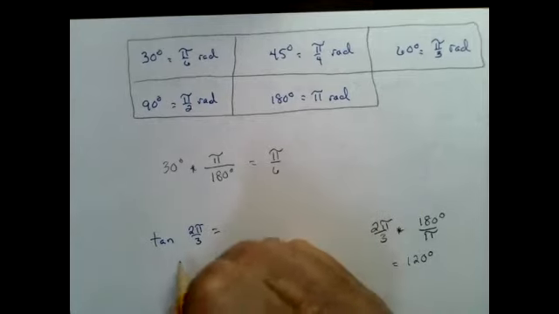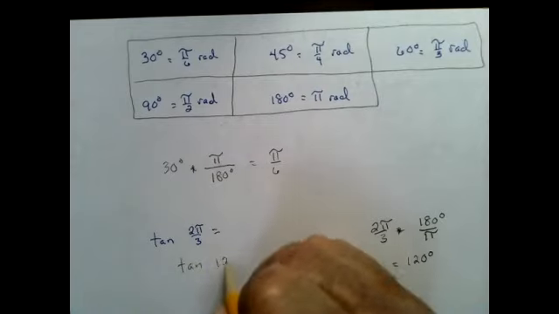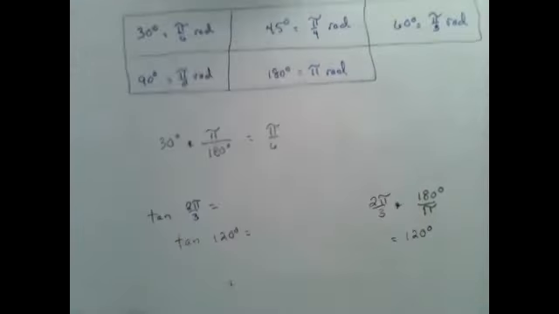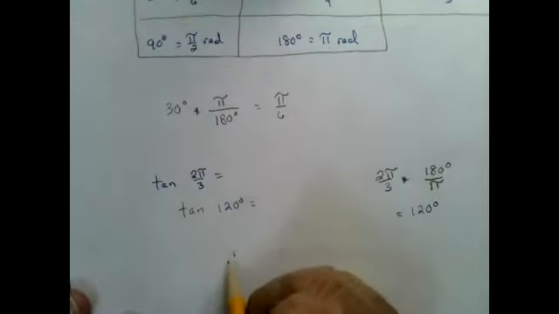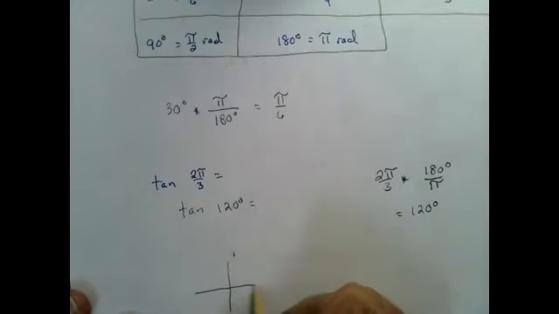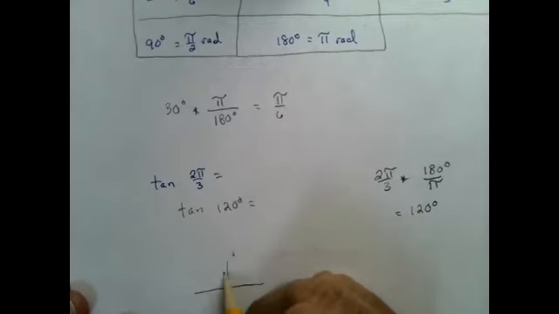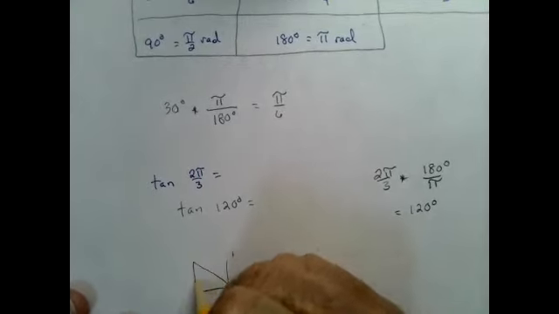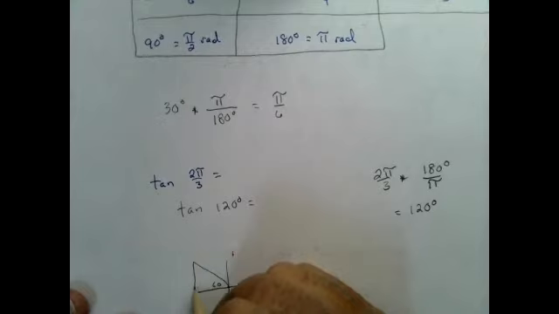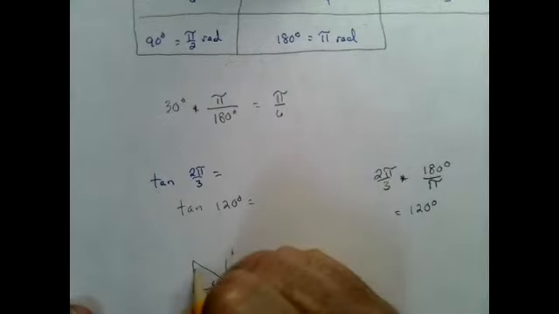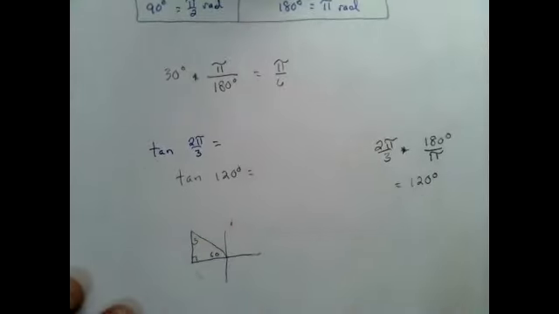So now my problem looks a little more familiar. The tangent of 120 degrees. And right away, I go back to my circle and I'm going to go 120 degrees, which is going to be 60 short of 180. And then I go, okay, I am familiar with my 30, 60, 90.